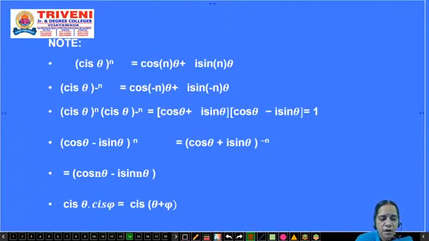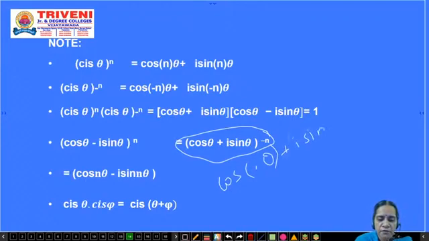And then cos theta minus i sin theta is given. What is cos theta minus i sin theta? It is (cos theta plus i sin theta) whole power minus n. How do we write it here? Cos theta minus i sin theta can be written as cos of minus theta plus i into sin of minus theta, since cos of minus a is equal to cos a and sin of minus a is equal to minus sin a.